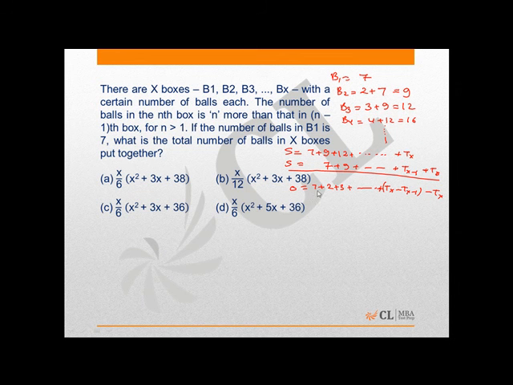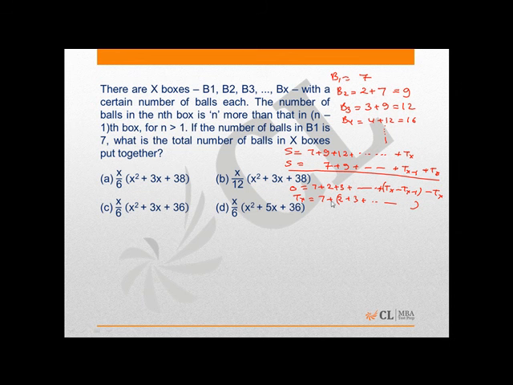This tx will come to the left hand side, gives you tx is equal to 7 plus 2 plus 3 plus and so on and so forth, and this is an arithmetic progression.